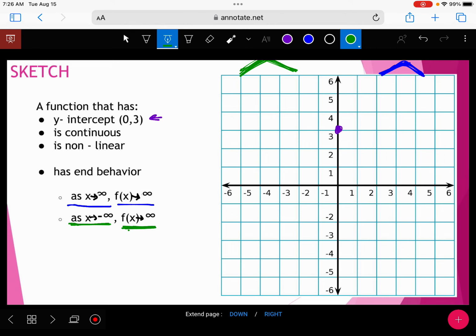There are a multitude of options this can be. As long as it meets these requirements, we're good. Because when we do our sketch, it could be as simple as this. You could go wiggle crazy.